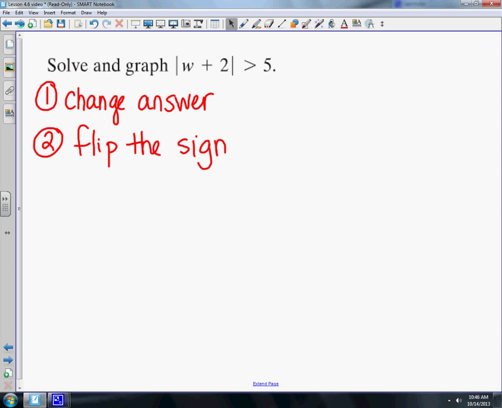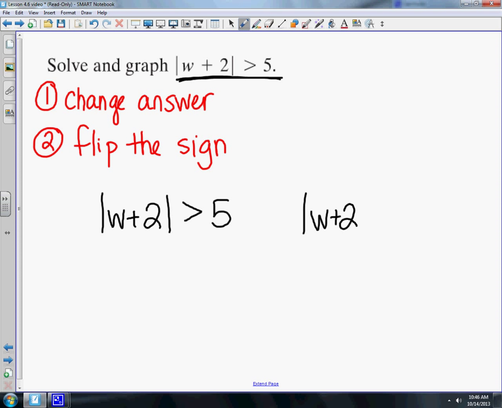So I have to solve this equation right here twice. So I have to do w plus 2, absolute value, is greater than 5. And I also need to do w plus 2, absolute value, is less than negative 5. So I do the exact equation, and then the second time I change the sign from a negative to a positive.